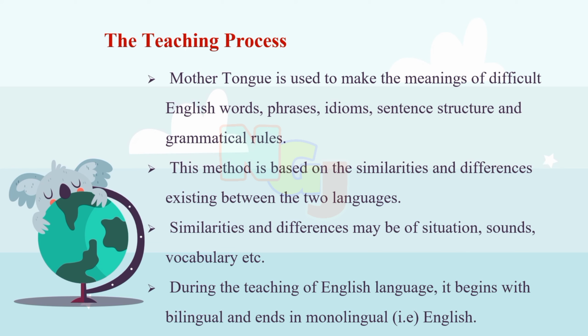So when the teacher is teaching English language to the students, the teacher tries to explain the concept to the students bilingually, and the students end up bringing out the concept in a monolingual manner, that is only in English.